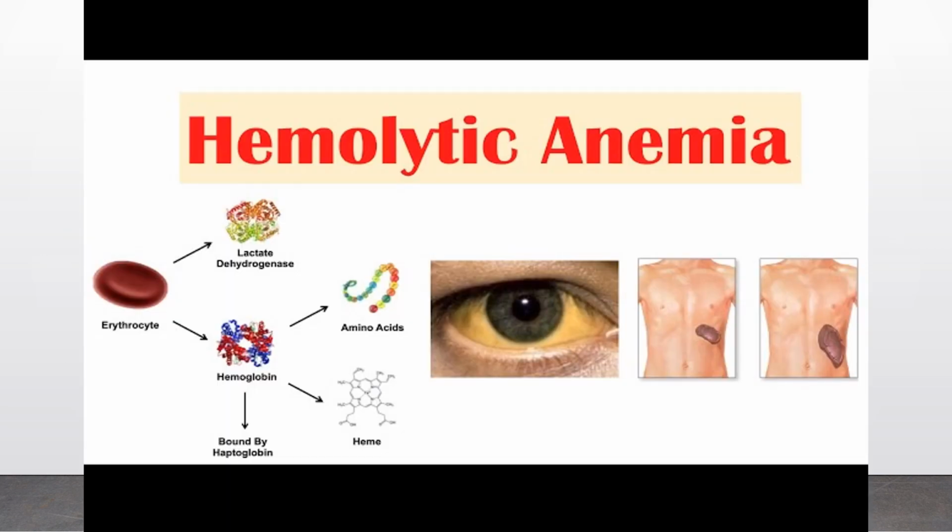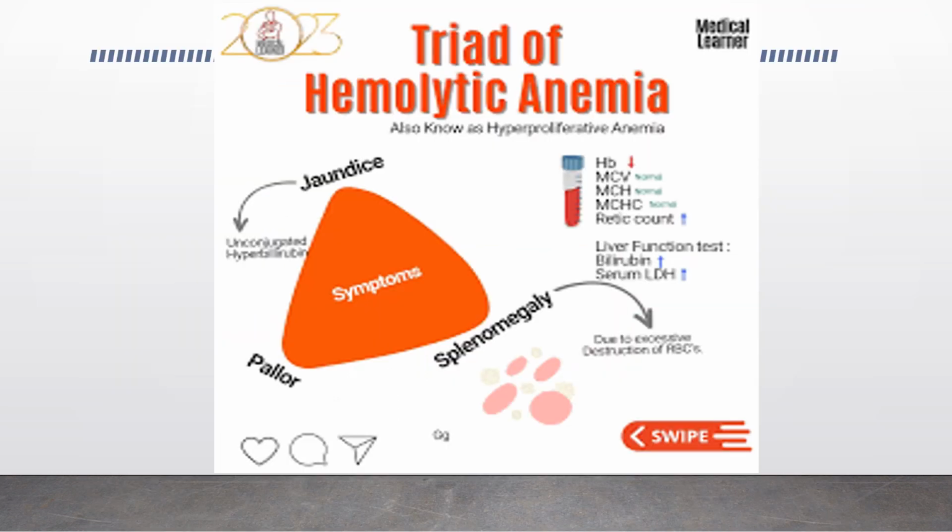So, hemolytic anemia has a few symptoms. You can have jaundice and a bigger spleen. The triad of hemolytic anemia is jaundice, splenomegaly, and pallor. The person will be pale; you can clinically look at them and see that they are pale.